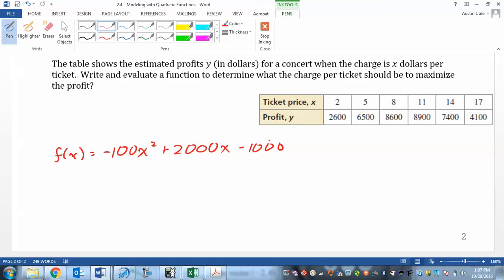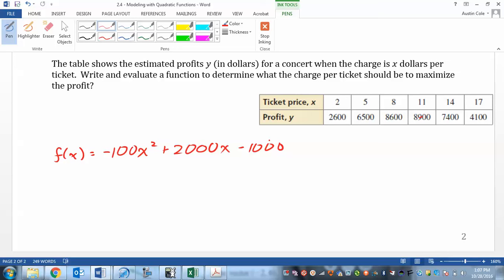Now it says, write a function to determine what the charge per ticket should be to maximize the profit. Well, we're going to find out. What's the charge per ticket that will maximize our profit? But we go from 8 to 11. Maybe it's 9. Maybe it's $9.50. Maybe it's $9.01.